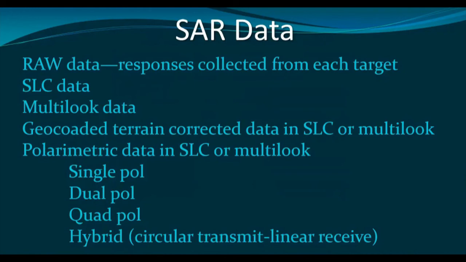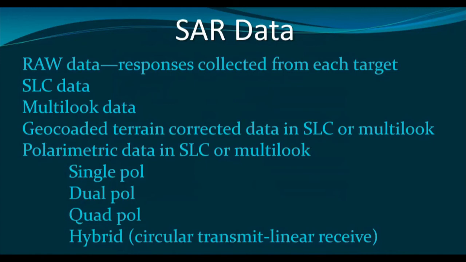Because of the terrain variation, we have a lot of distortions on the imagery. So if we correct the terrain related issues from the imagery, then it is called an orthorectified image in the case of optical images, and in the case of SAR images, it is called terrain corrected data. I mean, there will be no terrain influence on that, and you can get accurate measurements from the imagery. So terrain corrected data is another important thing. We have to process the data for terrain correction.